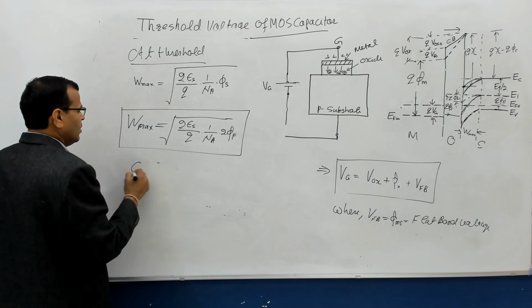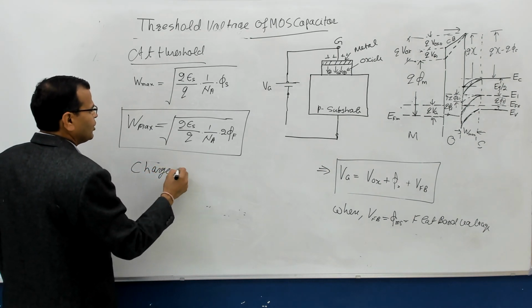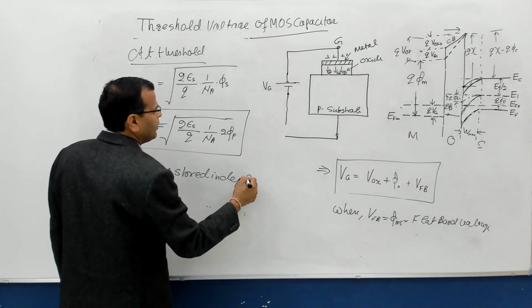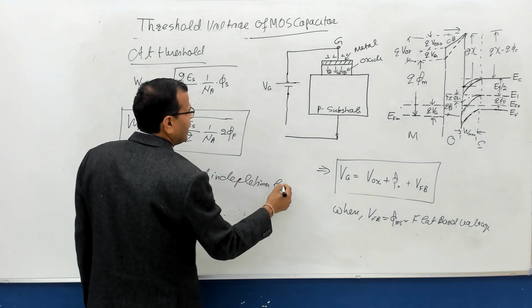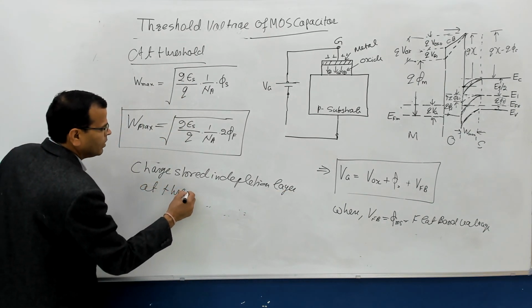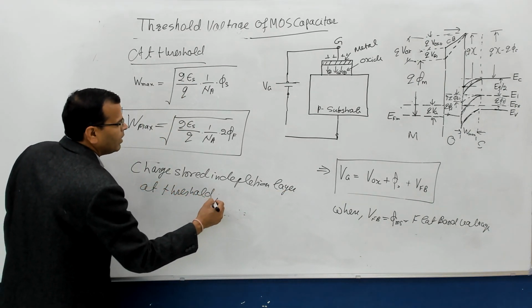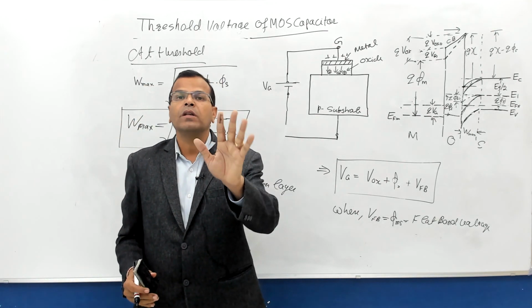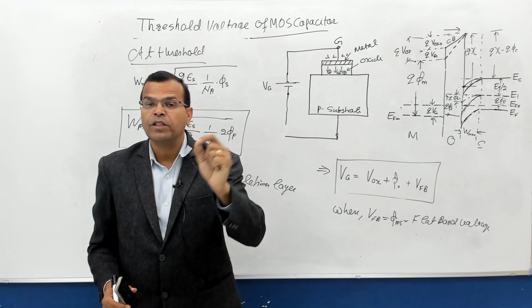Now, the charge stored in the depletion layer at threshold. Remember, before threshold we do not consider the inversion charge. What is the inversion charge?